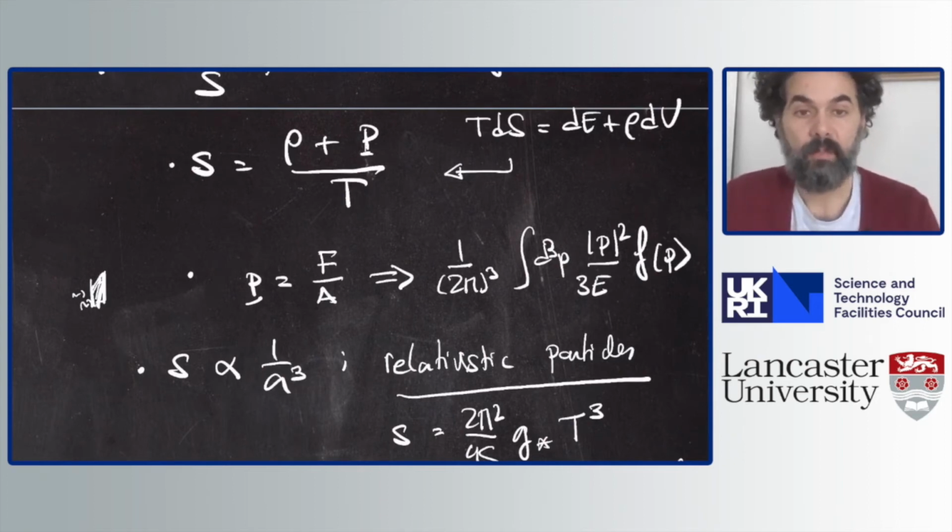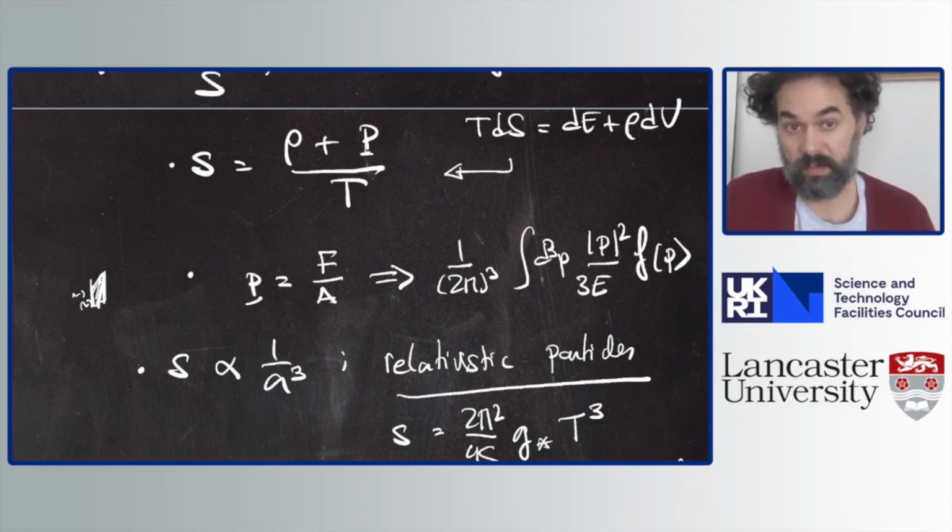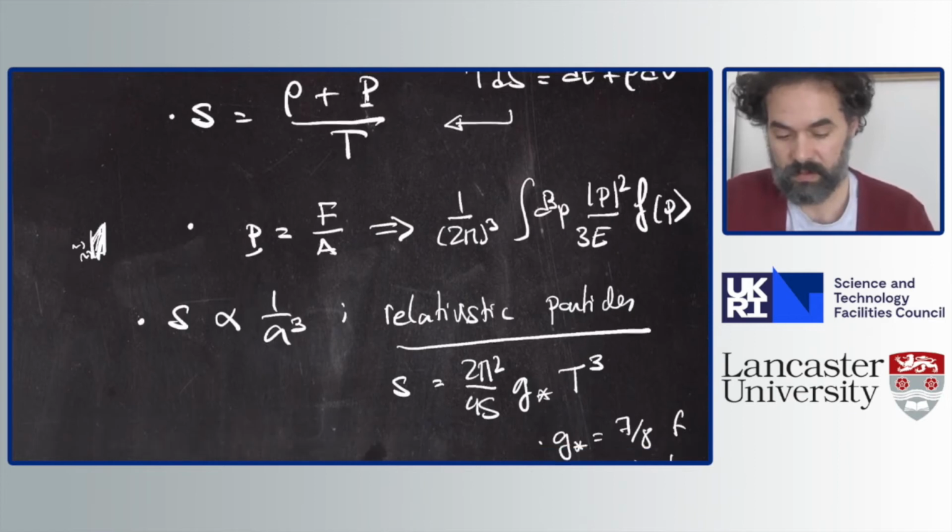The good point of using entropy density, as I said, is that if there are no sources of heat or dissipation, it evolves as 1 over a cubed. Just as the volume dilutes, it simply disappears, but there are no other non-trivial processes for the entropy. So that's great.